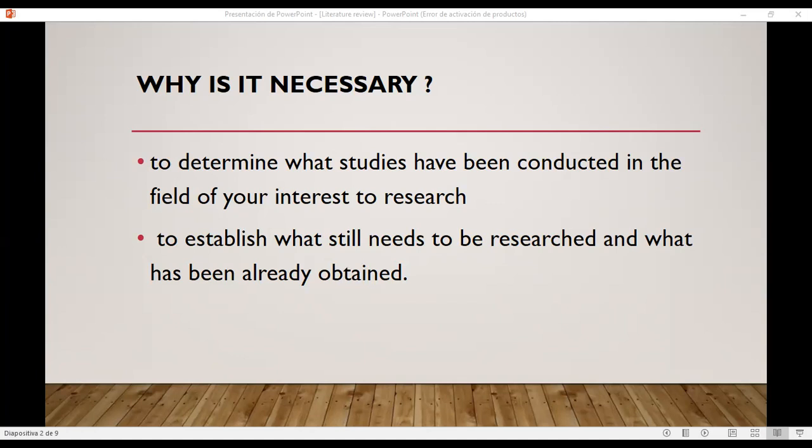Also, we can obtain a better view of the studies and investigations that other colleagues, other researchers, found as issues. Sometimes we can find similar contexts.